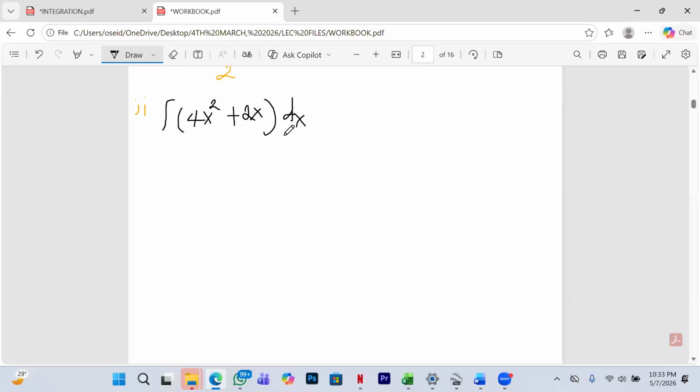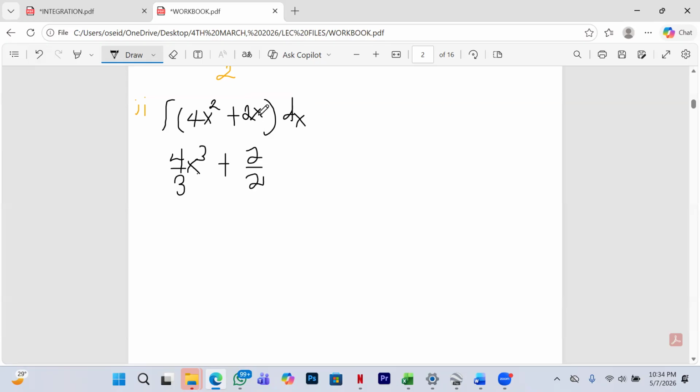Right. So we are going to get 4 over 3 times x power 3, plus 2 over 2.